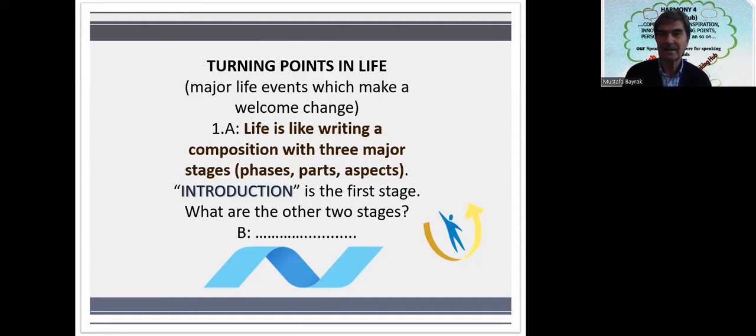Can we, for example, think that introduction is the first part of our life, development is the middle part of our life, and conclusion is the last part of our life in general, in three stages? Yeah. Okay.